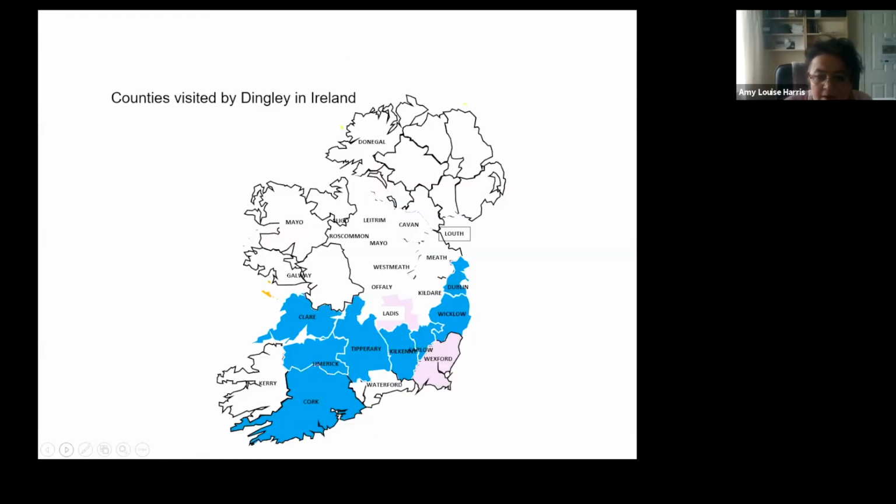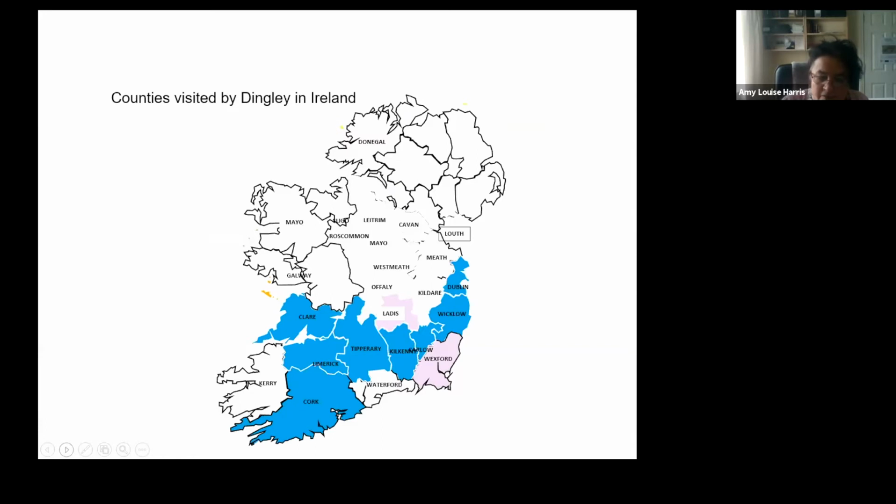Now, as I'm going to be mentioning counties, and I know some of you might be familiar with counties in Ireland and others won't be, I decided to put up a map of Ireland highlighting the counties in blue that Dingley visited. Now, he didn't visit all of them, but it'll just give you an idea of the areas he covered.